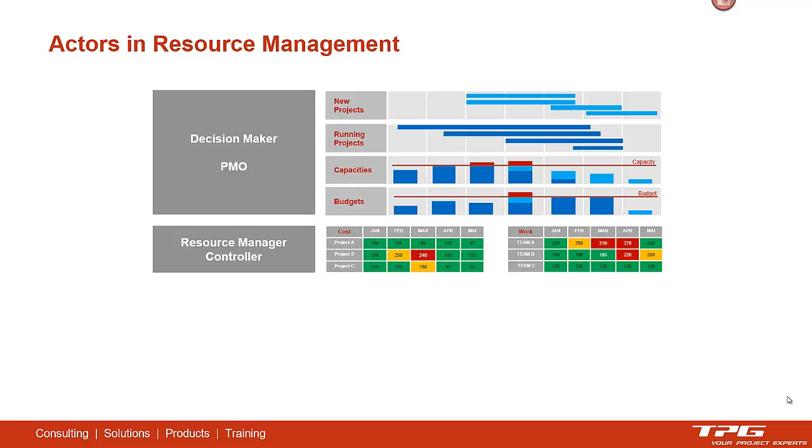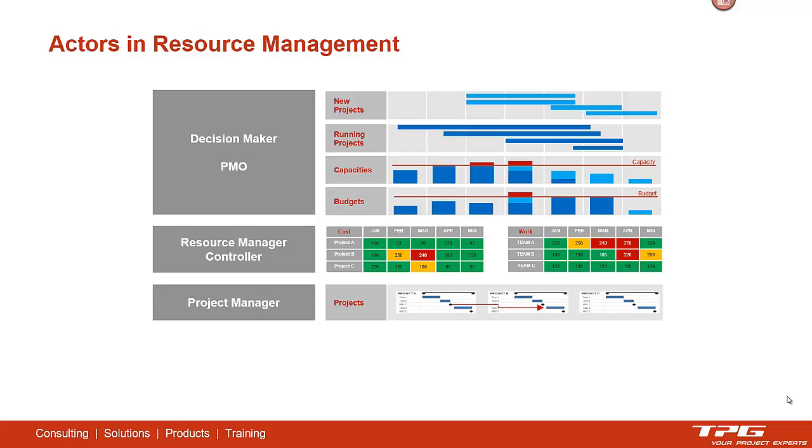The next actors are resource managers and controllers, who are giving resources or budgets or costs to projects and are interested in actual plans of the projects. Down there we have project managers, who are obviously doing the project planning work.